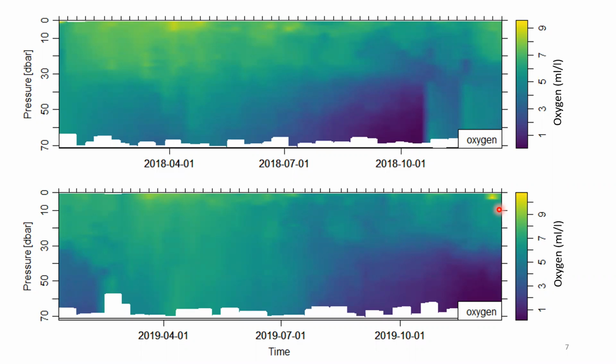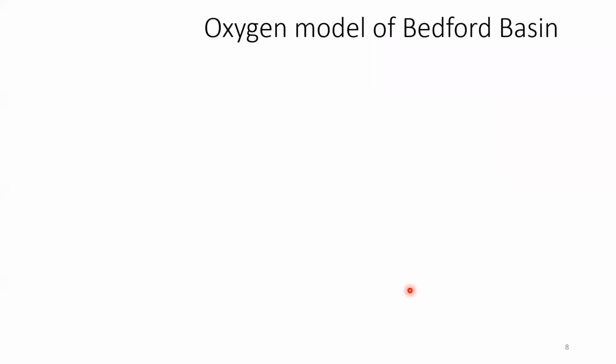Here is the oxygen concentration throughout 2018 and 2019. You can see that in 2018 we saw two intrusion events. On the contrary, we did not observe any intrusion event in 2019. These are the time points when we went to the field to collect sediment cores.